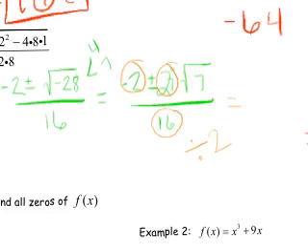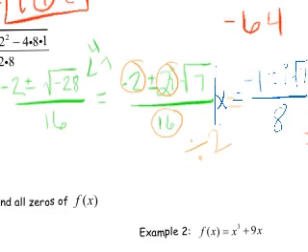Negative 2 divided by 2 is negative 1. 2i divided by 2: 2 divided by 2 is just 1, but I still am going to have that i. So negative 1 plus or minus i root 7, he's stuck inside, he's never leaving, all over 16 divided by 2 is 8. This would be the final answer that I would expect to see x equals in front of.